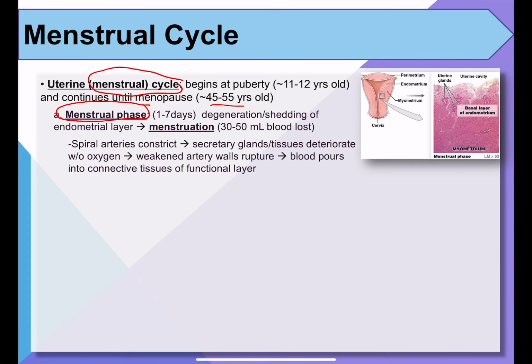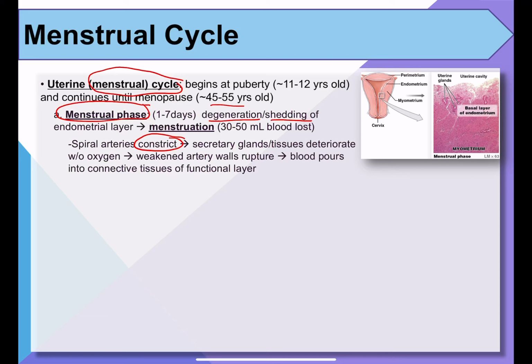Now, this is what happens when the oocyte is not fertilized and everything is removed to cleanse the uterus. So during this phase, the endometrial layer degenerates and sheds off as blood and blood clots. What happens is that the spiral arteries within the endometrium layer will constrict.